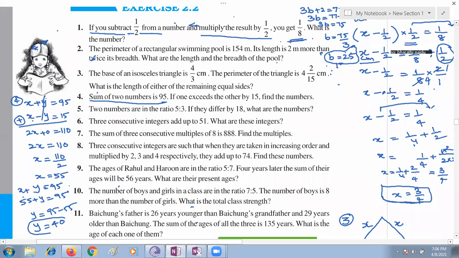One value is 40, other value is 55. Any doubt in this? Ma'am, both the methods are same only, ma'am. Yes, both methods we are getting the same answers. No need to worry. If you do any method, you will get the same answer. We have many paths to reach our goal, but we are supposed to look for the shortest path.